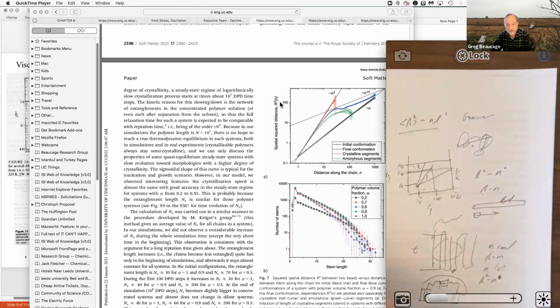So expect to see this r squared goes with n behavior at the end of this, when you get to the end of the chain. So this has a little divot here where it's going to the end of the crystal, and then it goes back to this Gaussian thing.